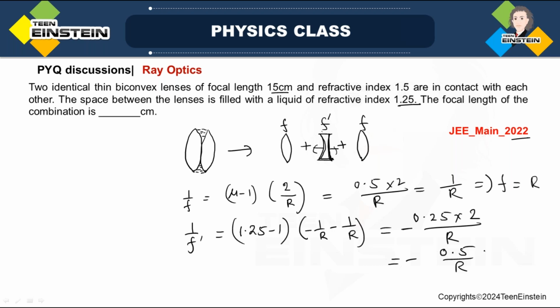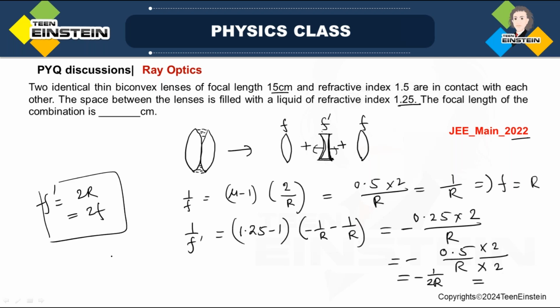If I multiply by 2 in the numerator and denominator, I get 1 over 2r. So 1 over r is actually 1 over f. That means f prime is going to be 2r, and 2r means actually it is 2f.